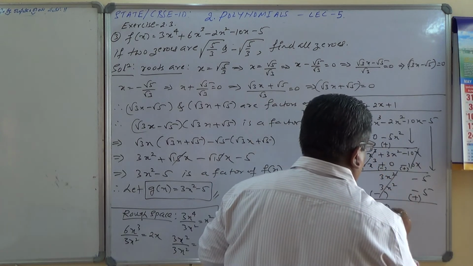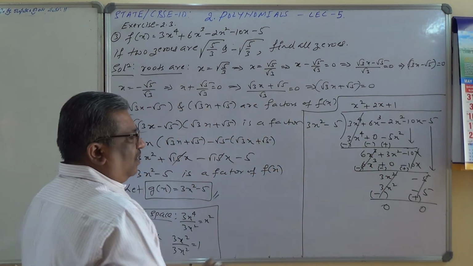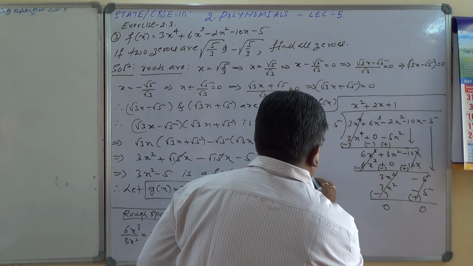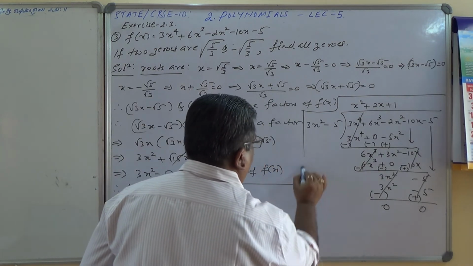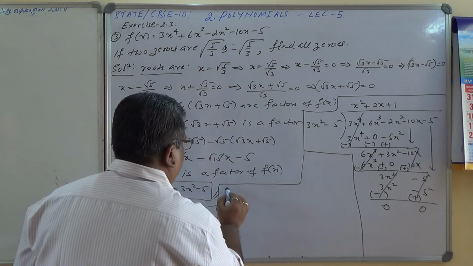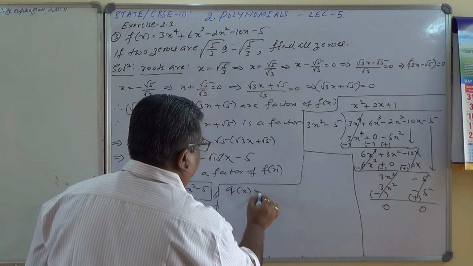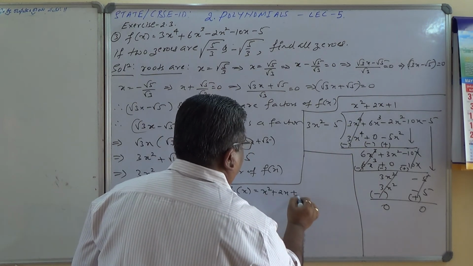So this will be 0, this will be 0. So the quotient we have got here, I write here: quotient q of x equals x square plus 2x plus 1.